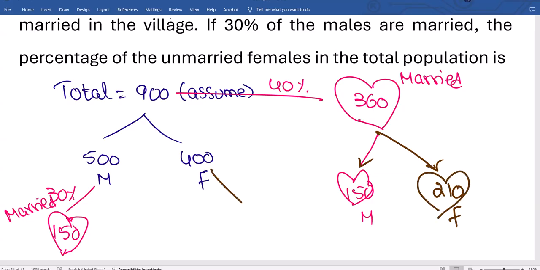Now, how many are unmarried? When 210 are married, 190 are females unmarried.